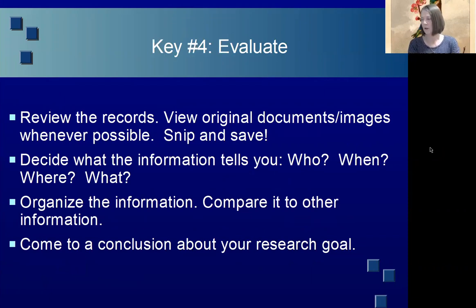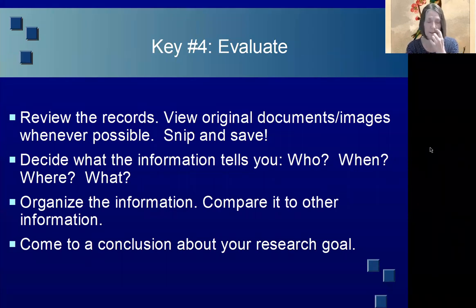So key number 4 is evaluate. After you've done your research, review the records. Go back if you didn't do it while you were clicking through really quickly and view the original documents and images. I found so many things by looking at original documents that I could never have found if I just looked at the indexing.